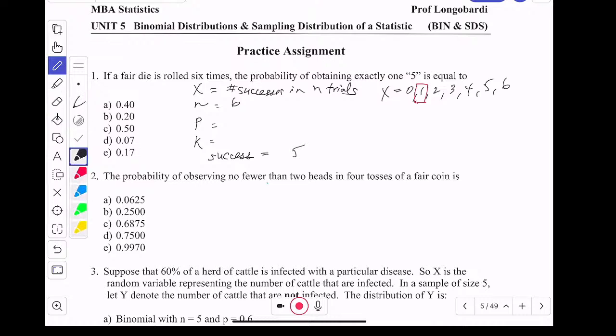I'm going to put those quotes just so that you remember it's the number 5. So each time I roll, I'm looking for a 5.